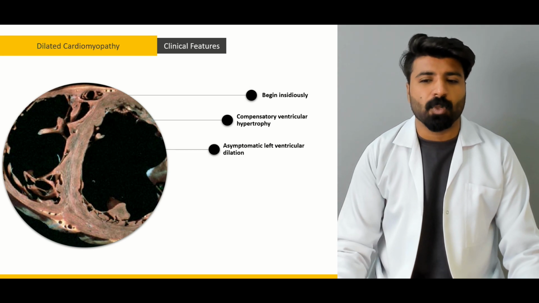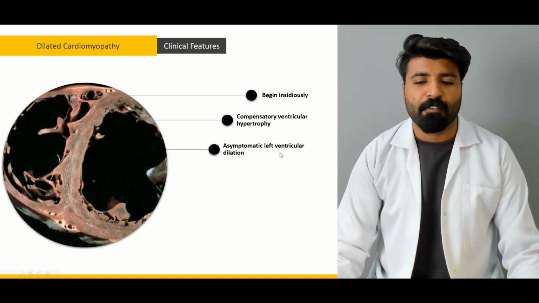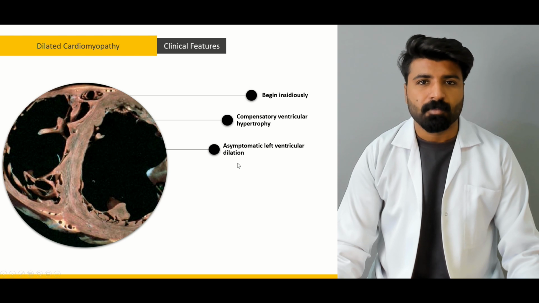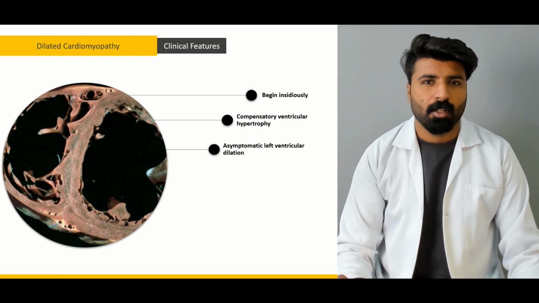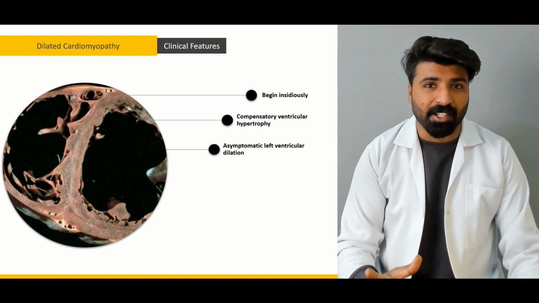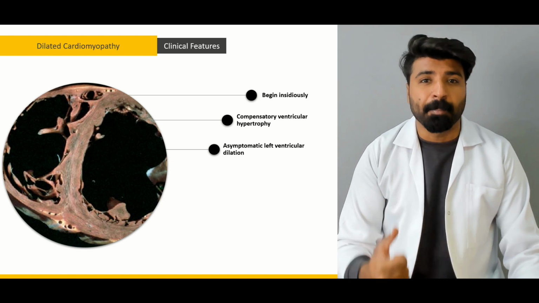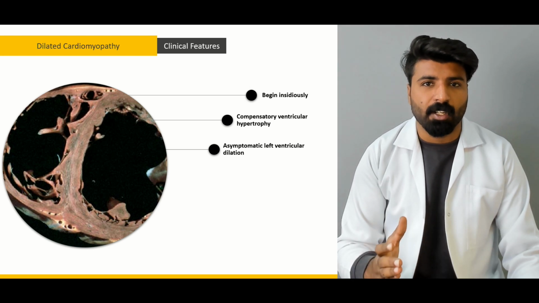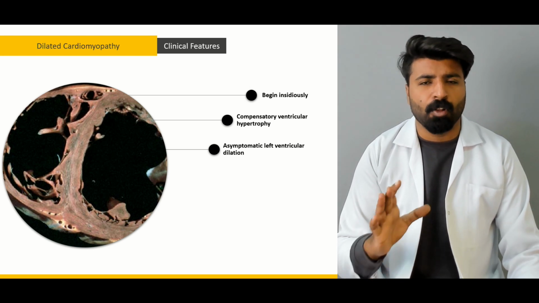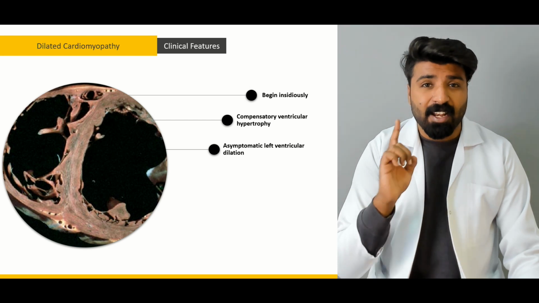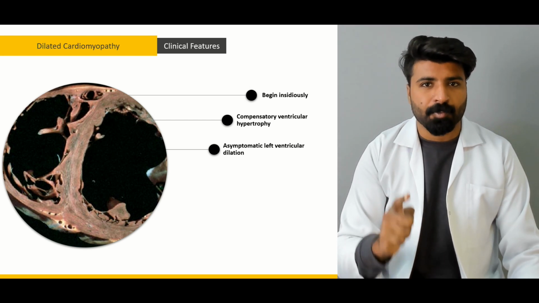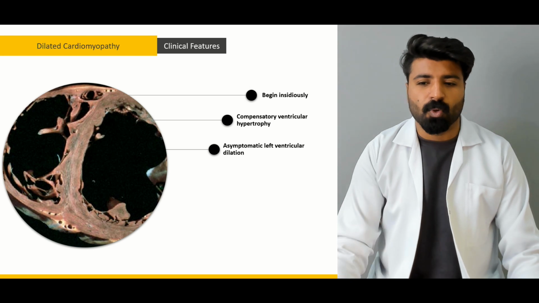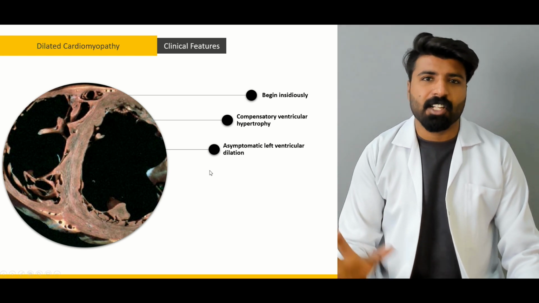But what will happen eventually? This will lead to asymptomatic left ventricular dilation. Now, patients won't know about it because still the heart is compensating. Still the heart is compensating due to what? Hypertrophy. The heart is compensating due to hypertrophy, and this will be asymptomatic for a long time. In that asymptomatic phase, that hypertrophy will lead to left ventricular dilation.